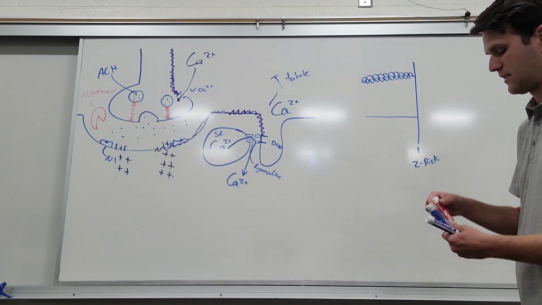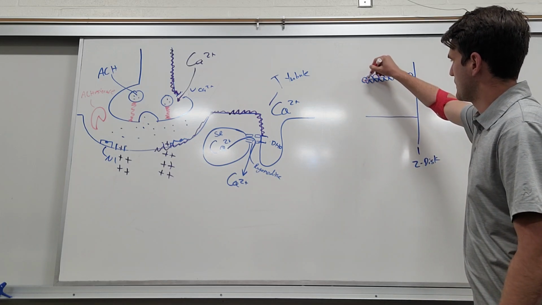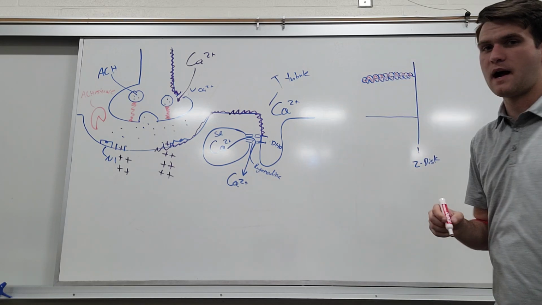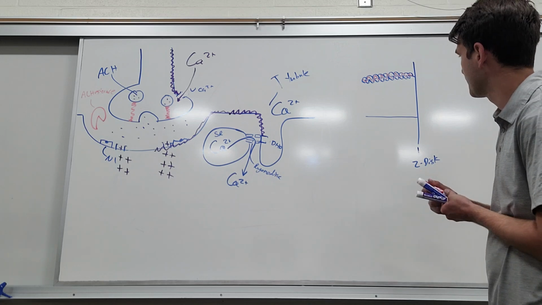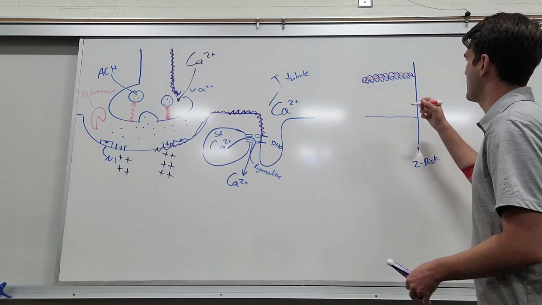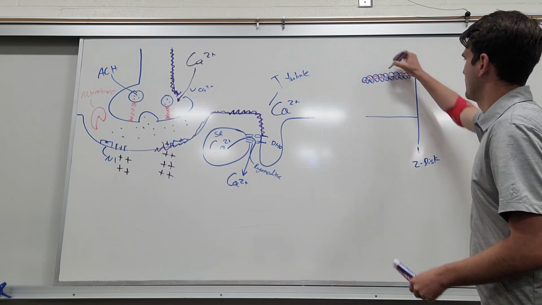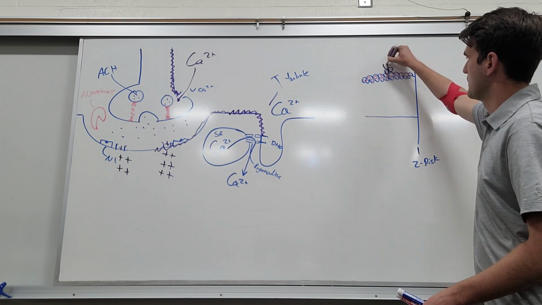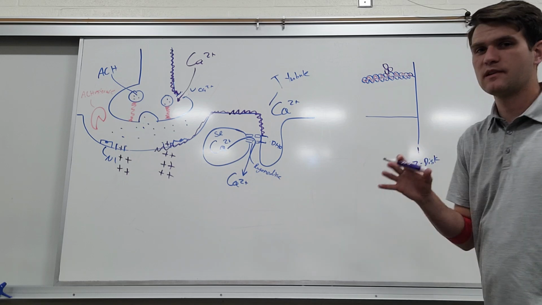But right now, covering those myosin binding sites, there's another protein called tropomyosin. And tropomyosin just covers those myosin binding units. And attached to our tropomyosin and our actin, we're going to have this little three-balled protein called troponin. And troponin has three different subunits.